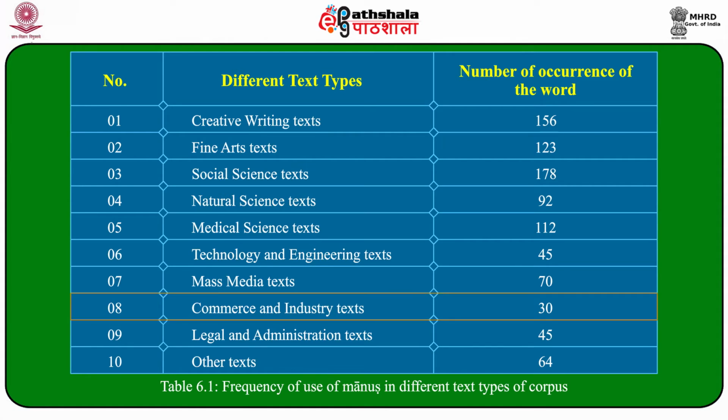It is also noted that the words have different patterns of distribution across different text types. While we noted that the term Manus occurs more frequently in formal texts, the form Lok occurs more frequently in informal texts.